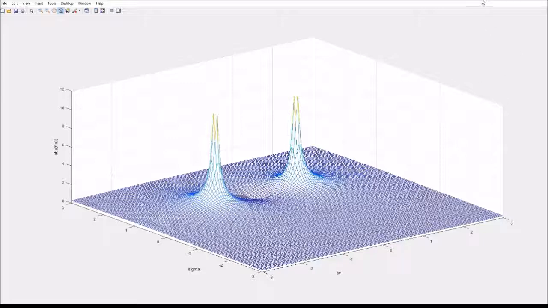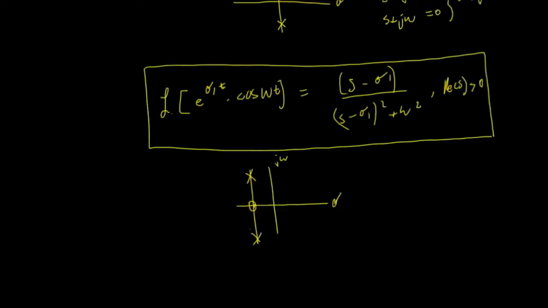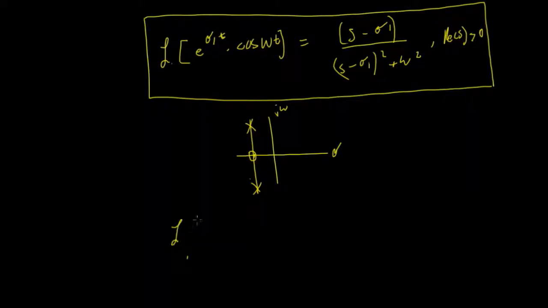Now we can do the same again with the sine value, so we can look at the Laplace transform of e to the sigma 1 t times sine of omega t, and we could just rewrite that as omega upon s minus sigma squared plus omega squared.